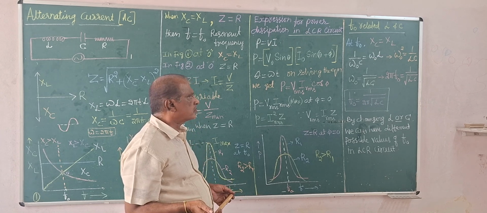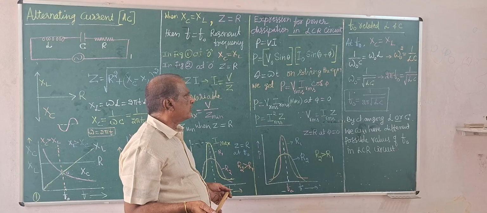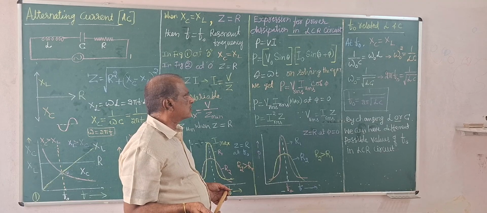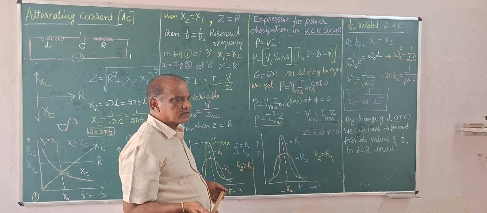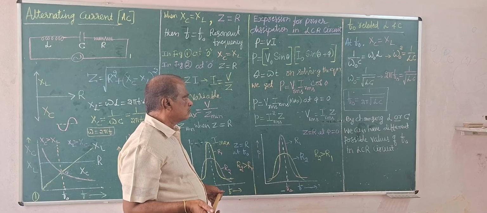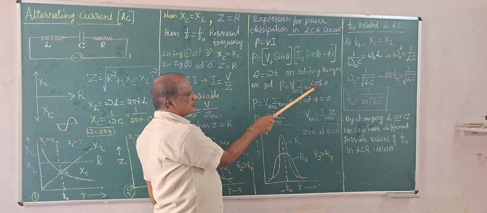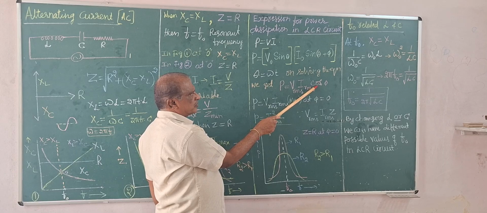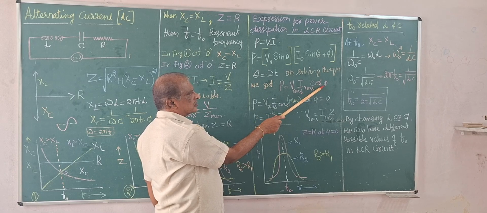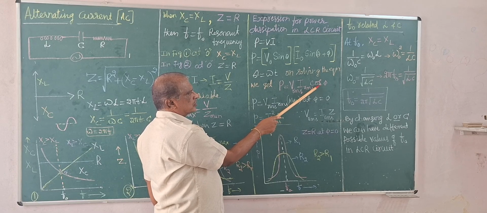It will decide when the power is minimum and when the power is maximum. The power is maximum when the phase difference between the current and voltage is 0, that is cos 0 equals 1.